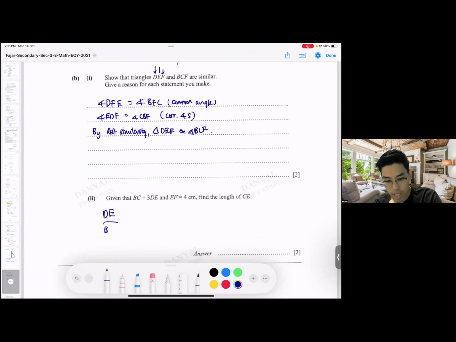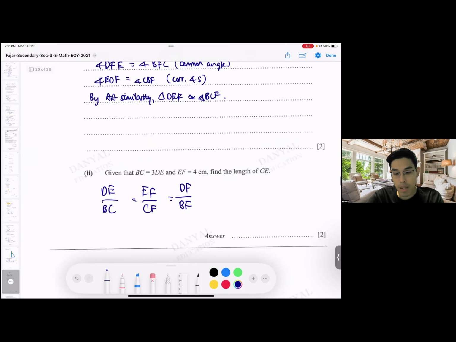So DE to BC, EF to CF, DF to BF. This definitely holds true for all similar triangles. Definitely confirm one. Okay. Then from here, we sub in the things that is given to us. Then from there we can go and find.